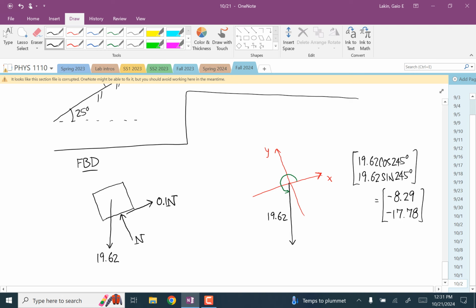Does that make sense with the picture, the signs of those? Yeah, we're in the third quadrant.